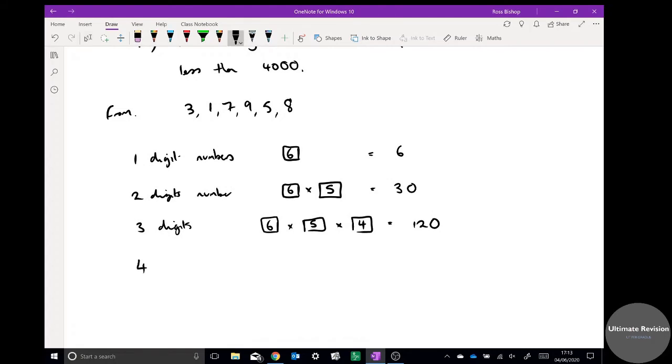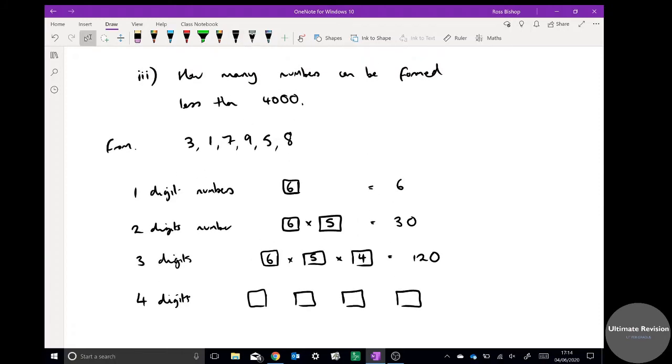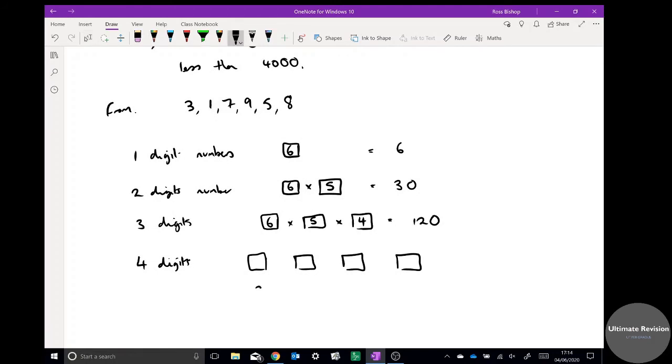We've also got some 4-digit possibilities. Let's box out the options we've got. Now the first digit has got to be less than 4,000, so there's only two possibilities here. It's either a 3 or a 1. It can't be anything more than that.